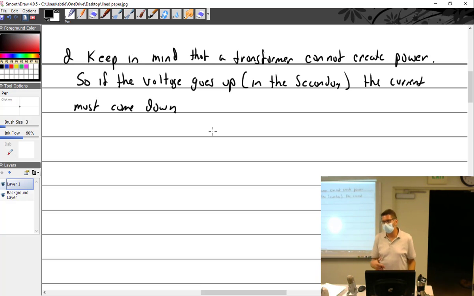Now, thankfully, we're just going to look at stuff that's 100% efficient, but you got to realize it's not. So you got 1 watt in the primary, you're going to have point something in the secondary. So that means that Ohm's law is going to apply. If the voltage goes up in the secondary, the current has to come down because the power isn't going to change. It's going to be equal.